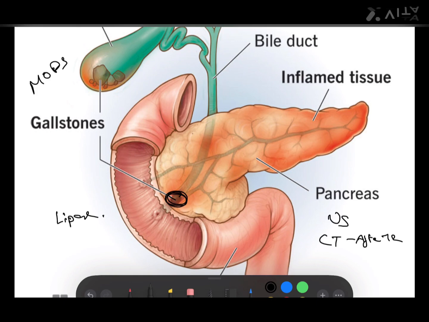So we have to quit the alcohol, and we have to counsel that patient, because of alcohol we are getting pancreatitis. Along with that, we have to manage with intravenous fluids, analgesics and early feeding. Next one, monitoring. Okay, so these are the things.